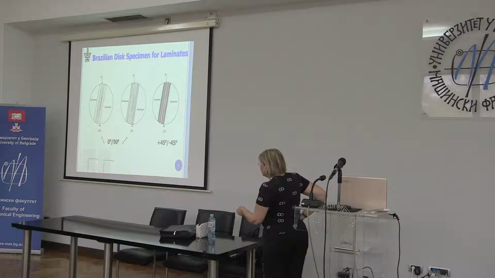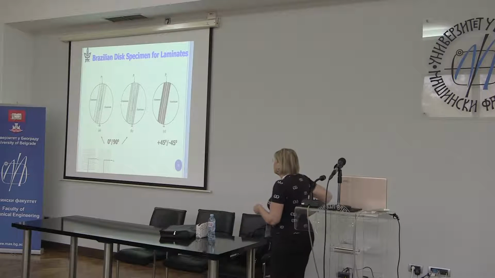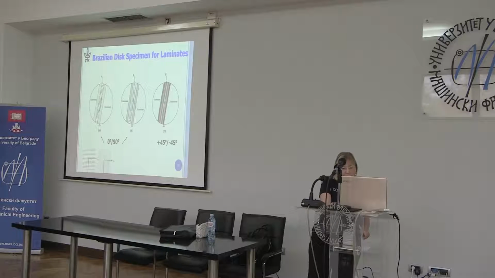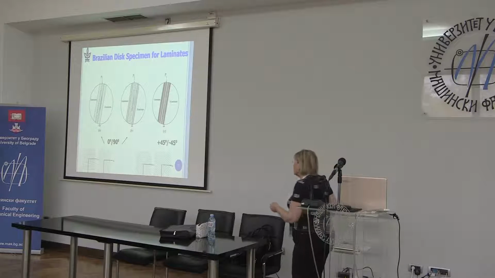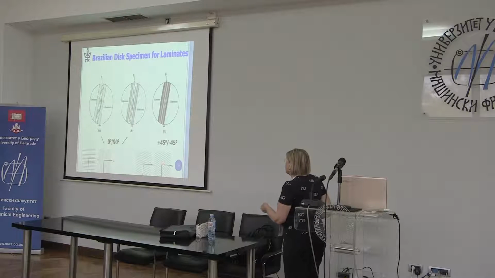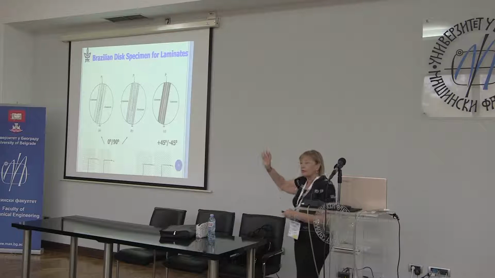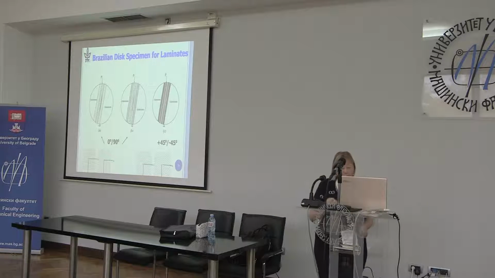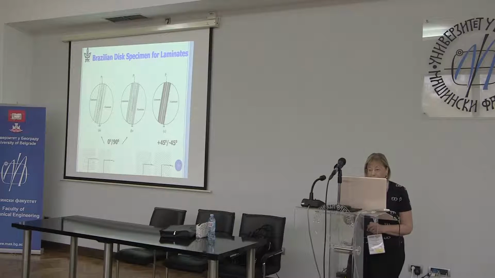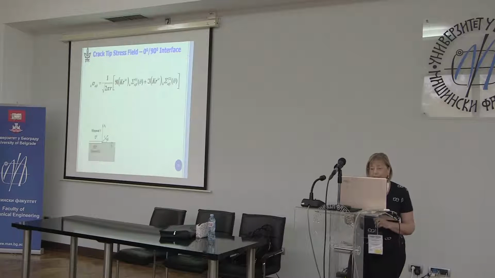You can't see this, but this is X3. Unfortunately, the whole slide doesn't come in. And then plus 45, minus 45 is here. We have plus 45 with the X1 axis and minus 45. So the fibers are coming out at a 45-degree angle from the specimen into space.